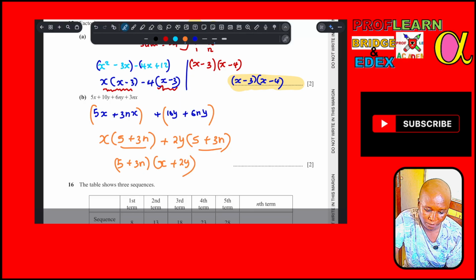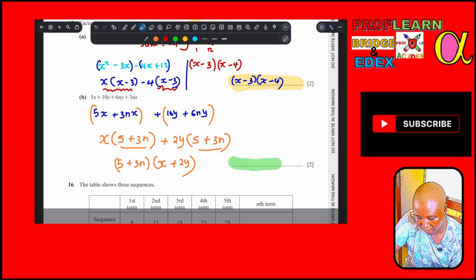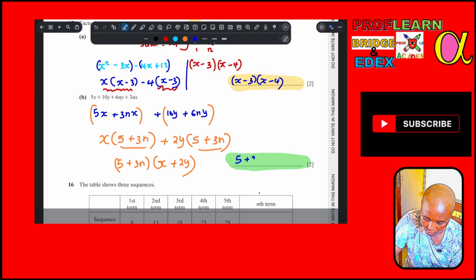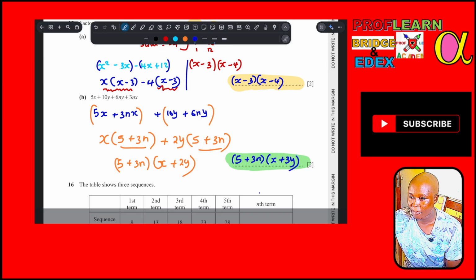And that now becomes our final answer that we were supposed to write here, so that we can make the examiner happy. So once we have gotten that answer, we just transfer the answer here. Our answer is (5 plus 3n) into (x plus 2y). And that now becomes the final answer for this particular question.